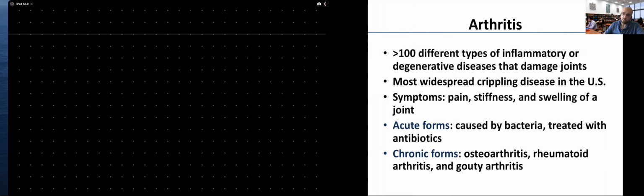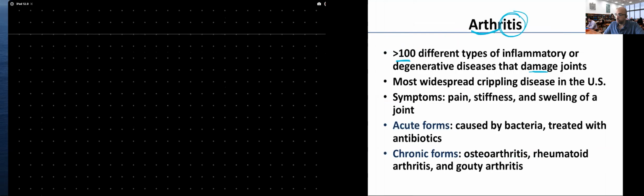Moving on to arthritis. Again, arthro is joint, and itis means inflammation. This is an inflammation of the joint. This is a very broad term. This is not a single disease. We have more than 100 different types of inflammatory and degenerative diseases that damage the joints.